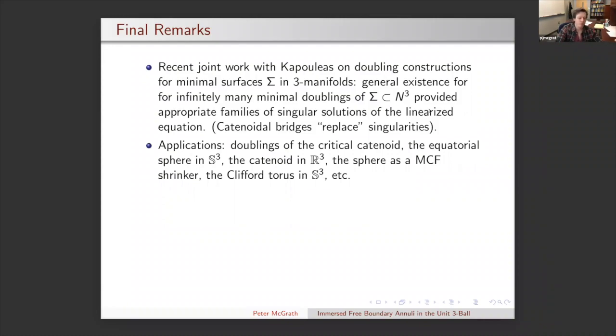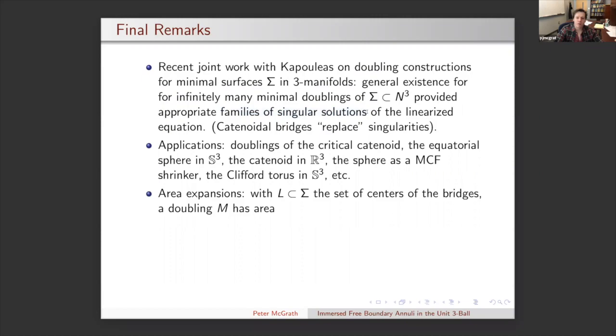So far, we've been able to successfully apply the apparatus when the ambient space and the sigma that you have has some discrete or continuous symmetries. But the PDE apparatus, once one has the appropriate families of singular solutions of the linearized equation, takes us from that to solving the nonlinear problem. So basically what we've done in general is reduce the nonlinear problem to the linear problem. And finding the appropriate linearized solutions is still a challenging problem in general.